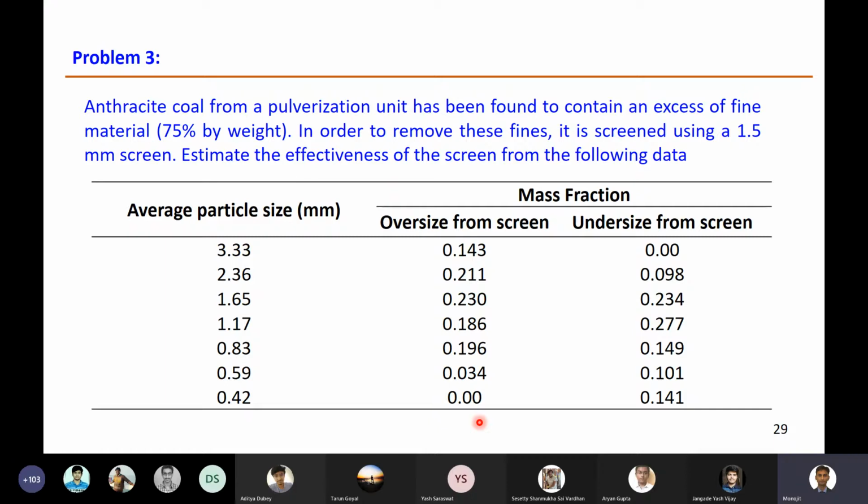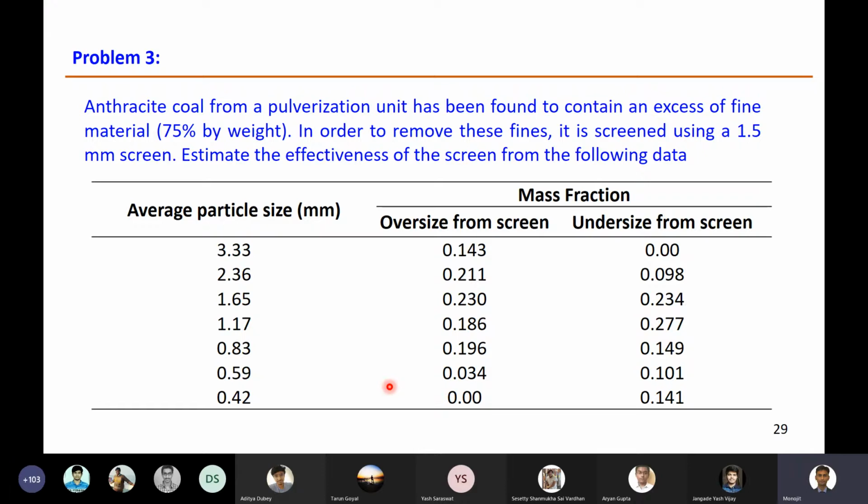Remember when I defined the screen effectiveness, I told you we have to do something else to get the distribution of your feed, product, and your reject. So this is one stream coming out from the screen, which is the oversize from the screen. So you have a screen, the feed to the screen is whatever is coming out from this pulverization unit. Now feed will be fed to the screen and it will be divided into two parts. It's a single screen.